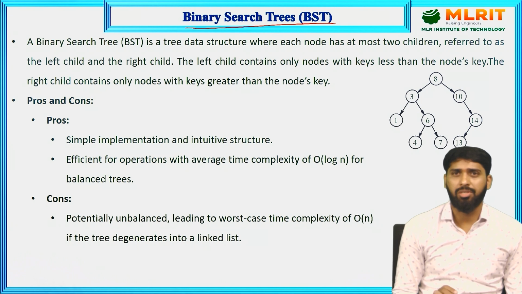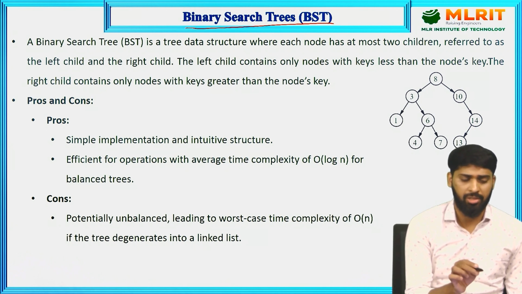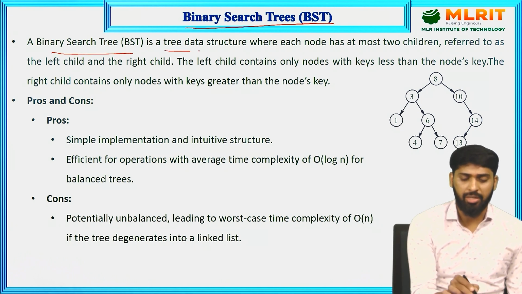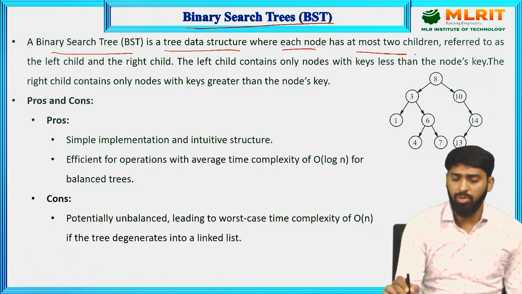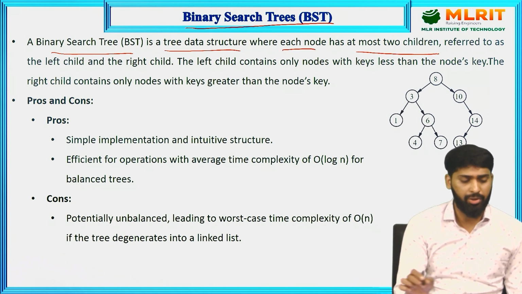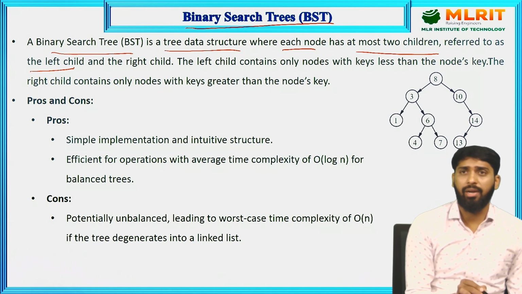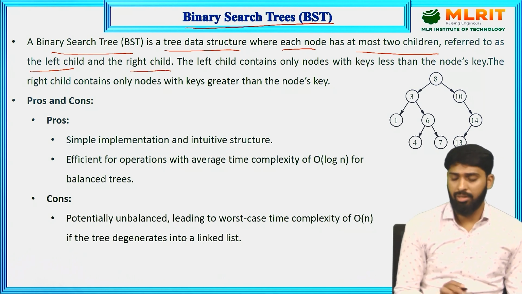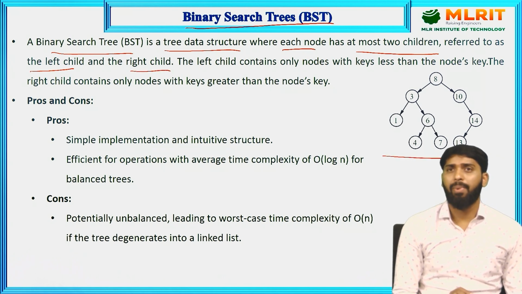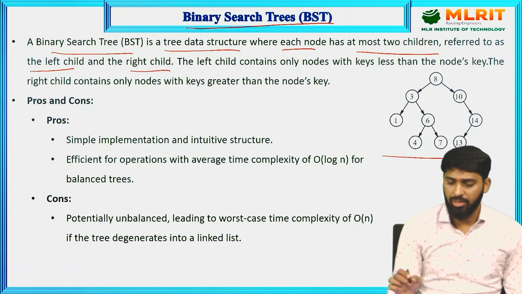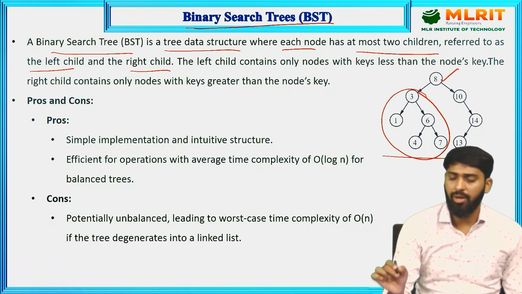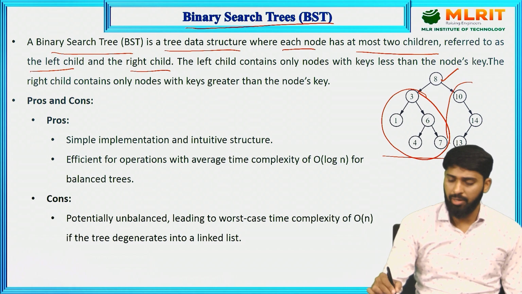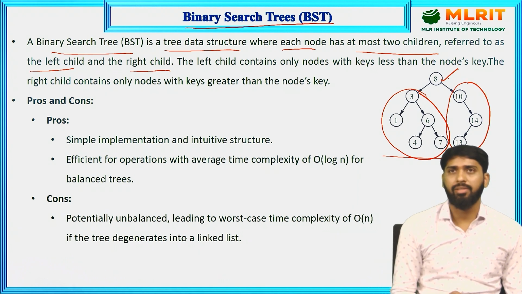Definition of binary search tree. A BST is a tree data structure where each node has at most two children, referred to as the left child and right child. Now this is an example of a binary search tree. Here, this part is the left child of 8, and this part is the right child of 8.